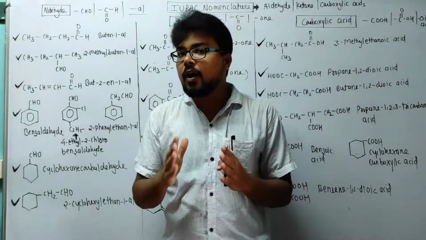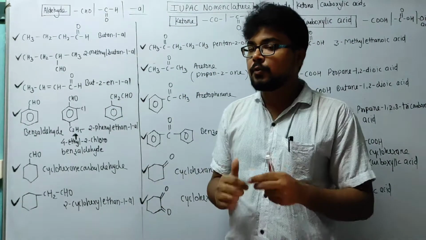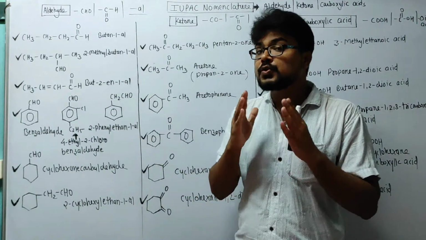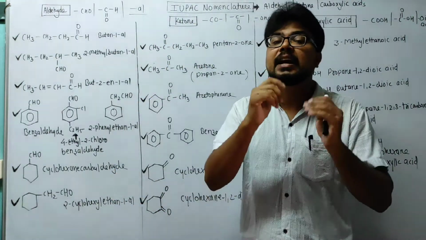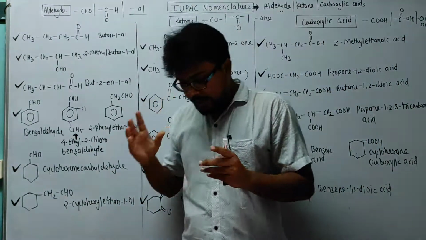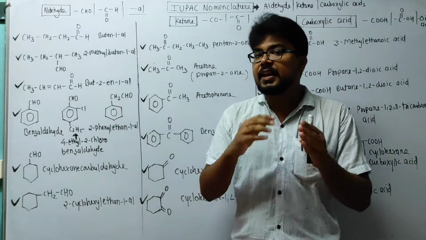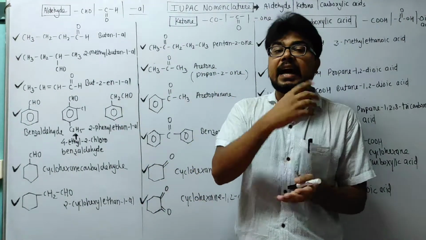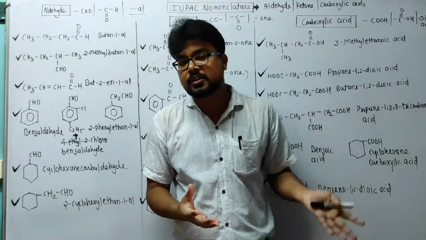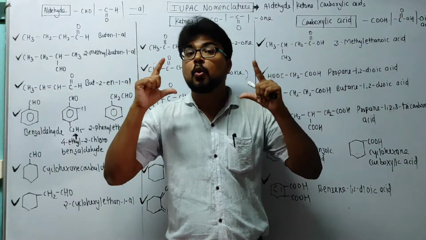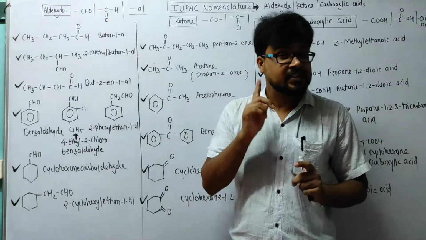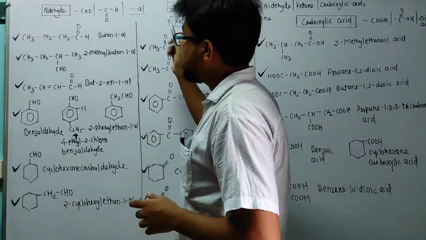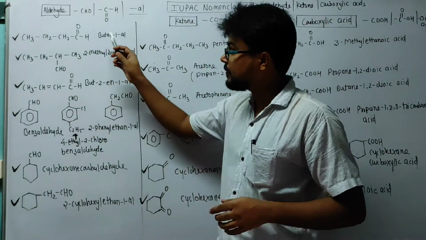So the carbon of these functional groups is counted in the main carbon chain, the parent carbon chain. Suppose there are 3 carbons in the chain along with the aldehyde group or ketone group or carboxylic group. That means the total number of carbons in the parent chain will be 4. It is very important. So let's start from aldehyde.